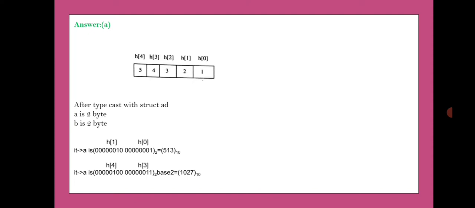IT A in binary looks like this. That means it is associated with H of 0 and H of 1. When you convert it into decimal, it becomes 513, and IT B will become 1027. So hence the answer is 5131027.